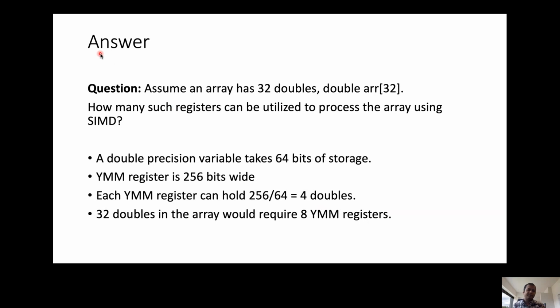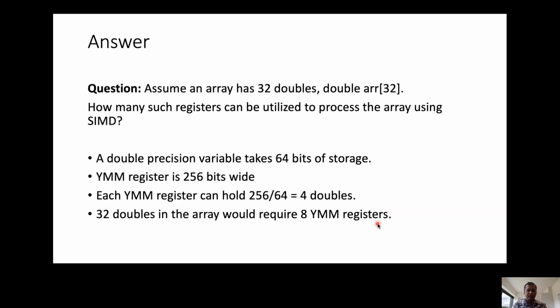All right, so here we have the answer for how many registers can be utilized to process the array that contains 32 doubles. First we have to remember that a double precision variable takes 64 bits of storage, and one YMM register is 256 bits wide. So one YMM register can hold 256 divided by 64, that is 4 doubles. So 32 doubles in the array would require 8 YMM registers.